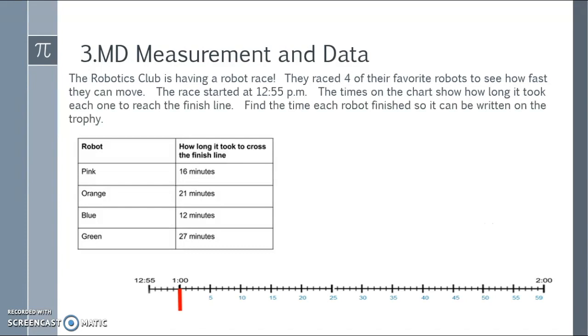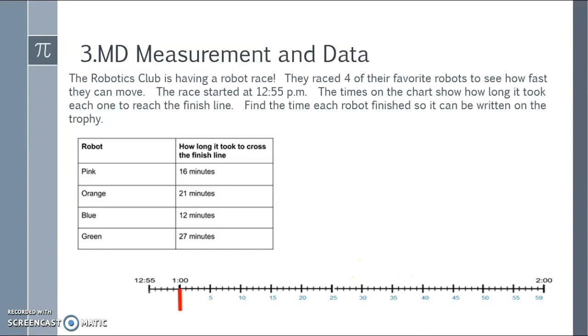So the race started at 12:55 p.m. I have a number line here, and notice that I start my number line right here at 12:55. Then I've got a red benchmark of 1 o'clock, and notice that it is broken into smaller benchmarks of 5 minutes in between.